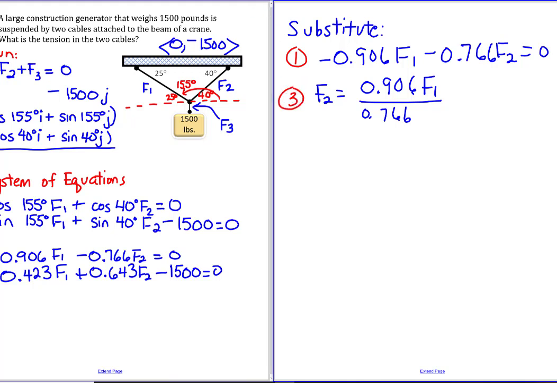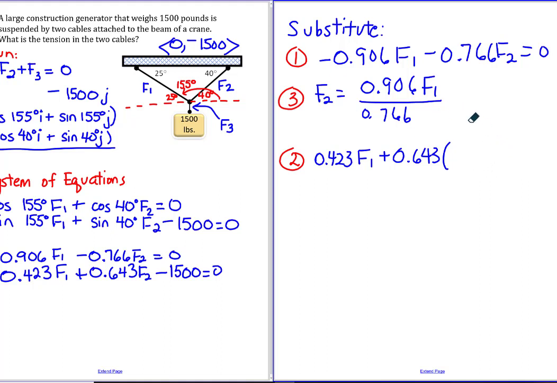And then if we use equation 2, which was 0.423 F1 plus 0.643 F2, I see something else we can do.